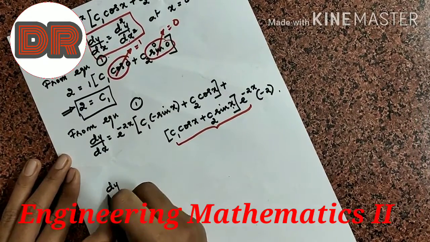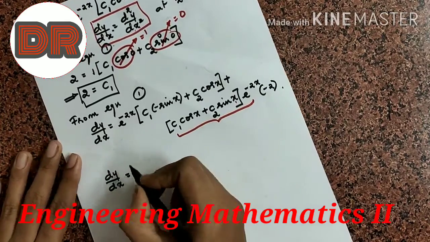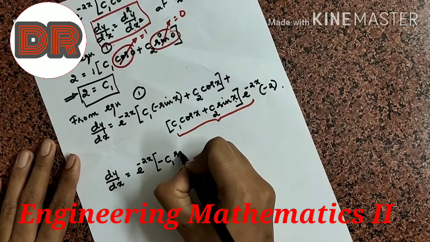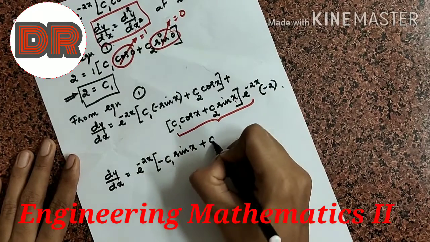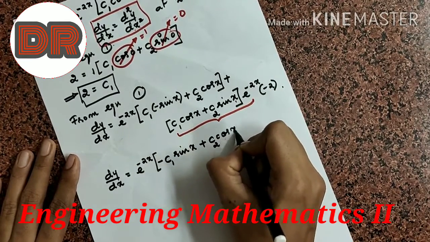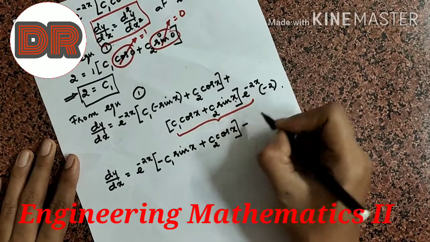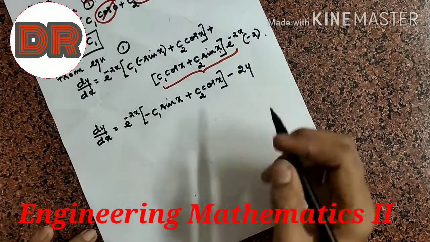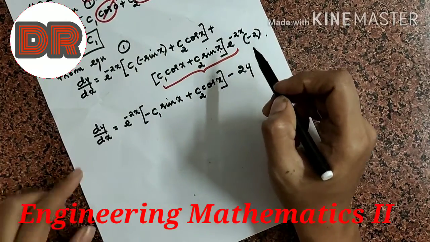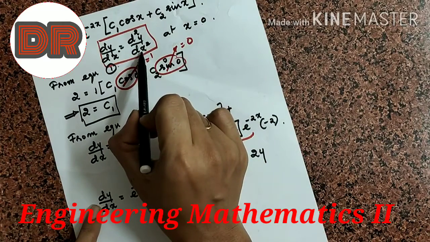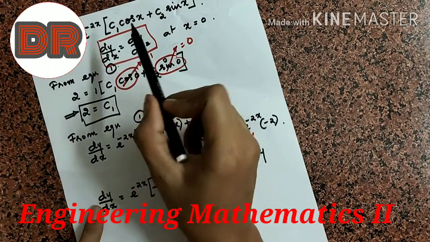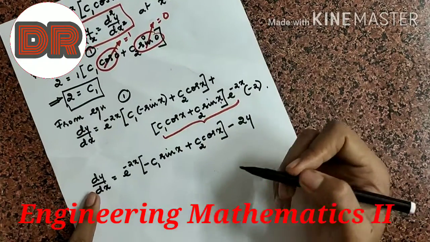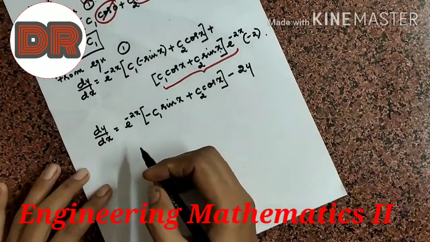So dy by dx is equal to e to the power minus 2x into minus c1 sin x plus c2 cos x, and this is y, so I will write minus 2y. Done. Why have I replaced this with y? Because again I need d square y by dx square, so we have to differentiate once again. If I retain this term as it is, we will be getting more terms. So just to simplify that, let me write this as y.